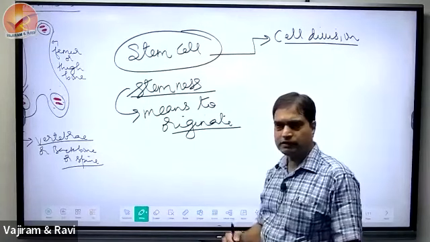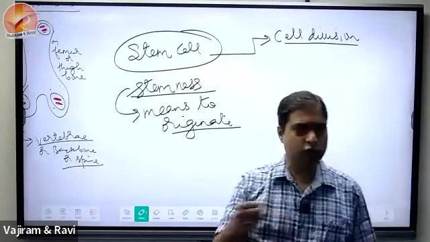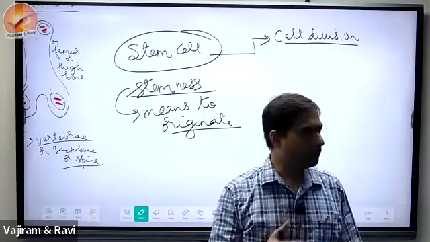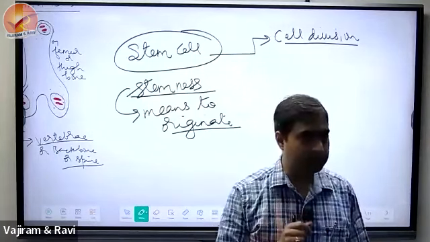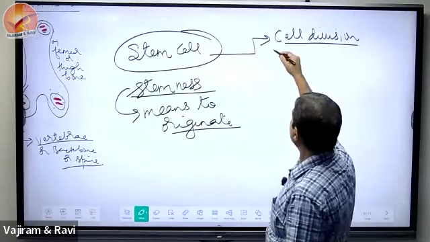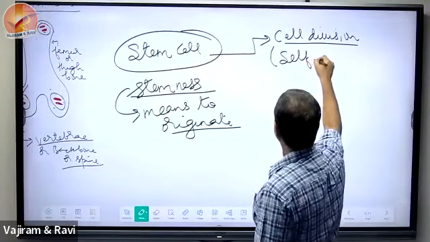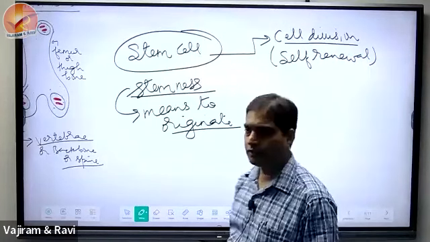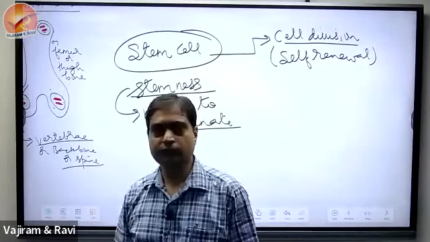So due to continuous cell division, it provides you an unlimited source of new cells. And that becomes self renewal. Is it clear?